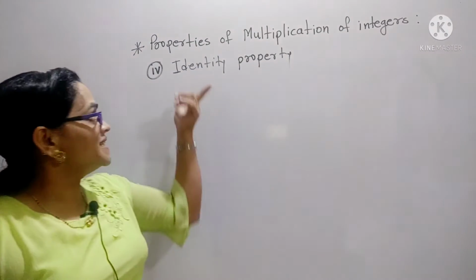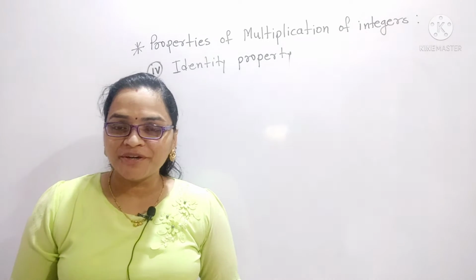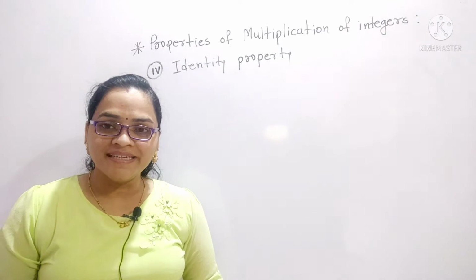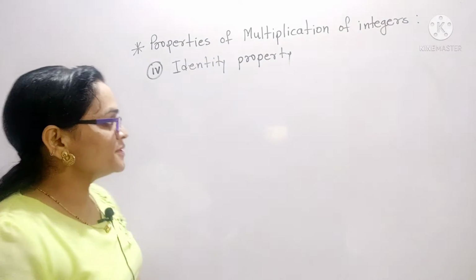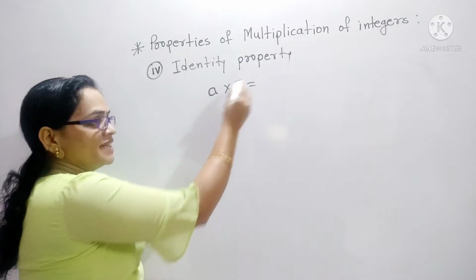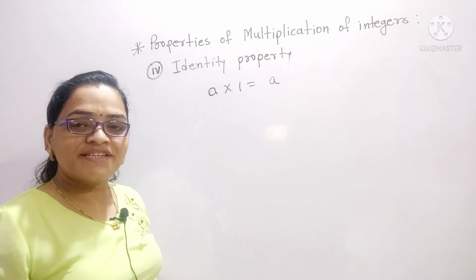Next, the fourth property is the identity property. What is the identity property? The product of any integer and 1 is the integer itself. Suppose a is any integer, then a into 1 is equal to a only, that integer itself.